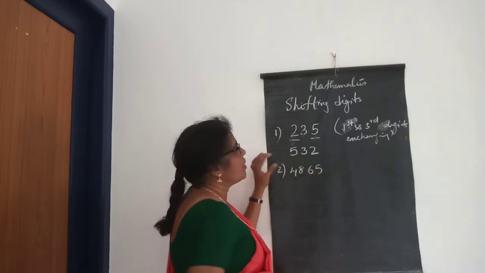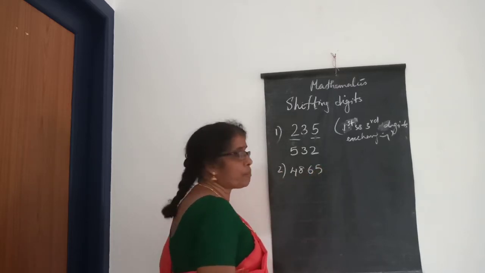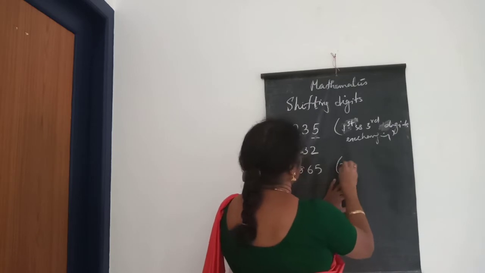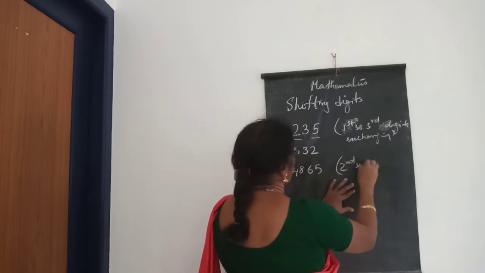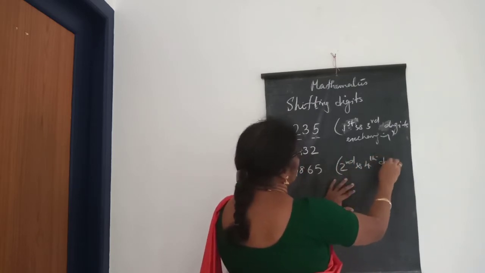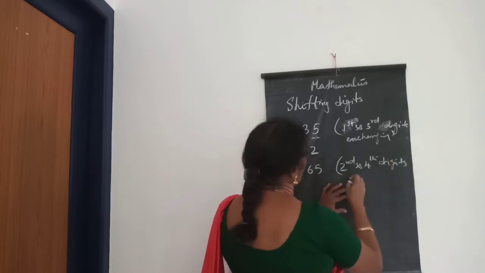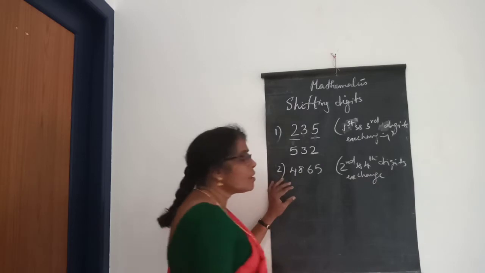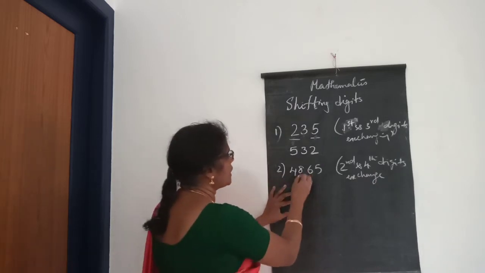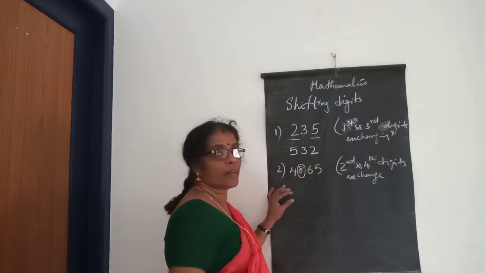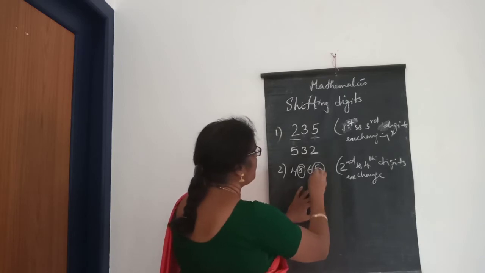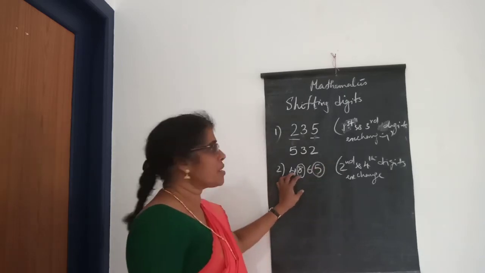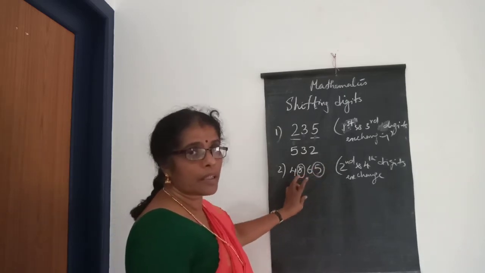Second example, 4865. In this, second and fourth digits exchange. The second digit is 8 and the fourth digit is 5. So this 8 becomes 5 and 5 becomes 8.